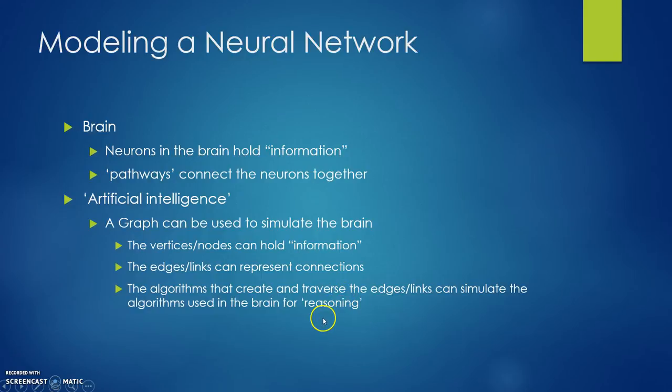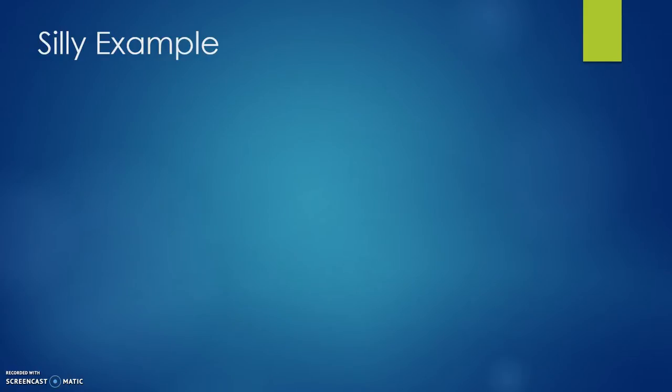So then the reasoning that our brain uses, or the algorithms actually used in our brain for reasoning, can be simulated by the algorithms that are used to create these connections and then traverse the graph of that connection.